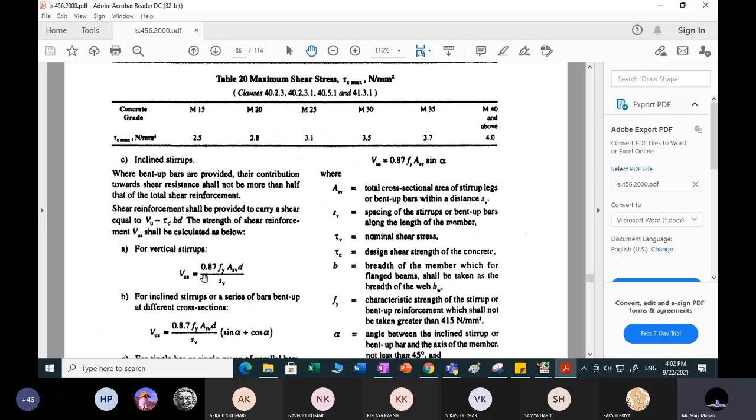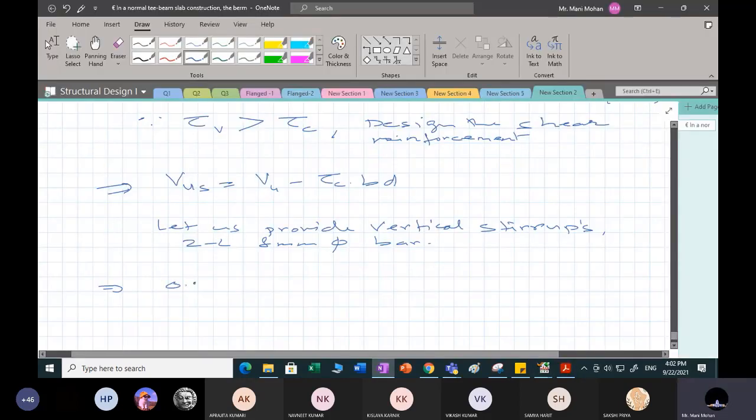So what will be Vus? The Vus formula for vertical stirrups is 0.87 fy Asv d divided by Sv, because this is the residual force for which you are providing your reinforcement. So the resistance offered by shear has to be equal to Vus, which is equal to Vu minus tau C b d.